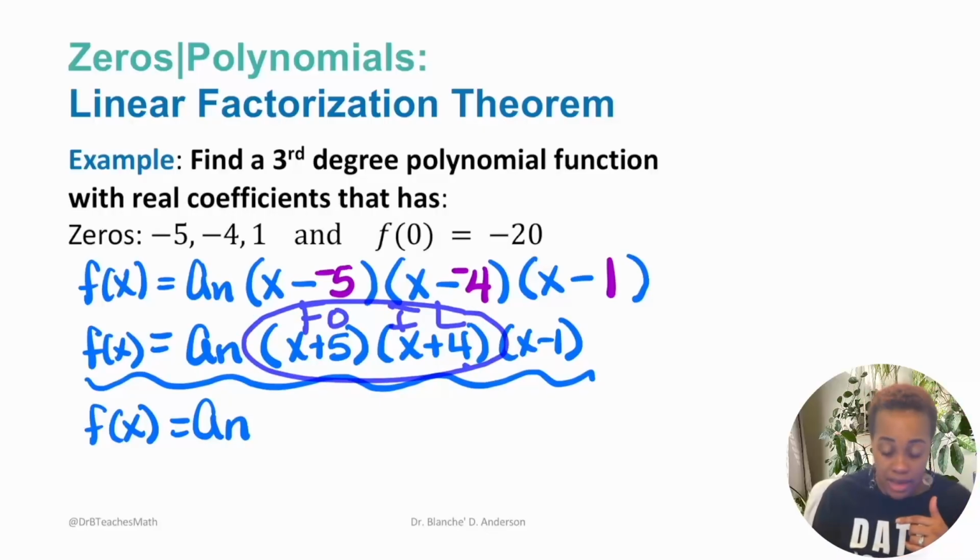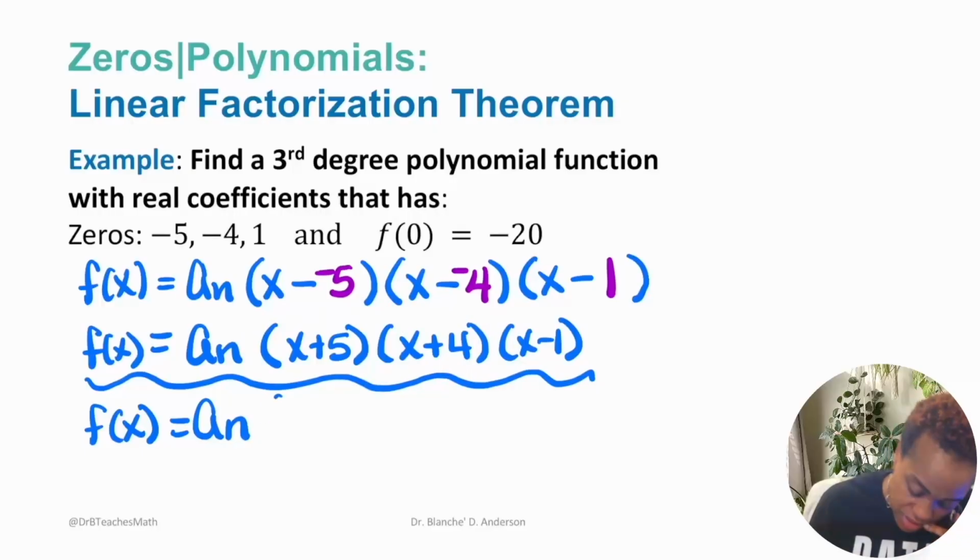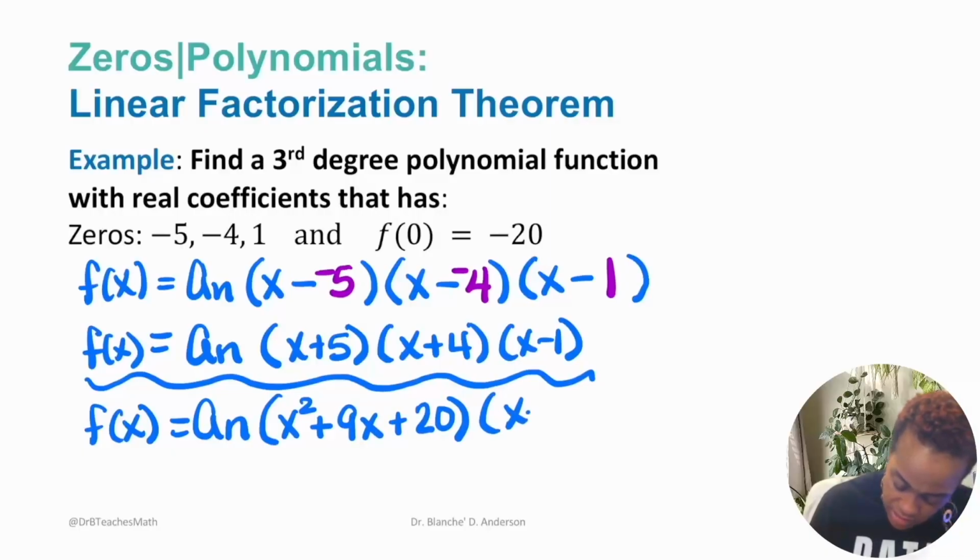First, outer, inner, last. So that's going to give me x squared plus 9x plus 20, times x minus 1, right? Because we have x times x is x squared. That's 4x. 4x plus 5x is 9x. And then 5 times 4 is 20.